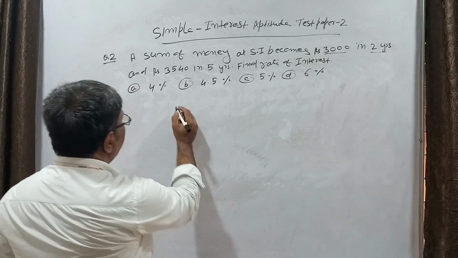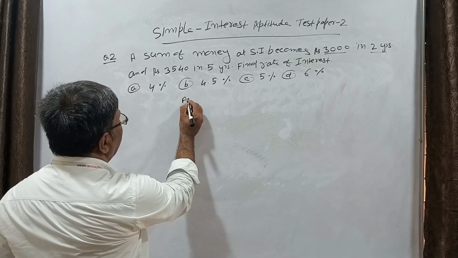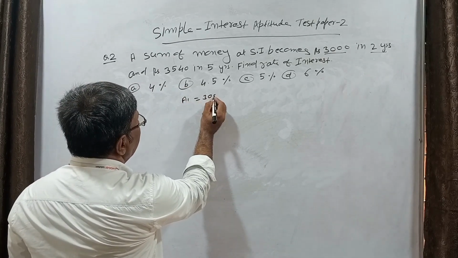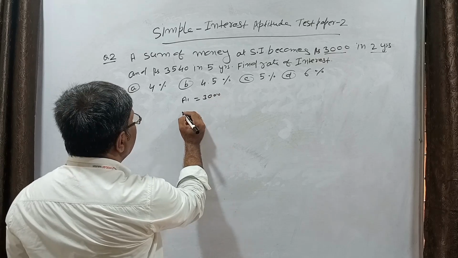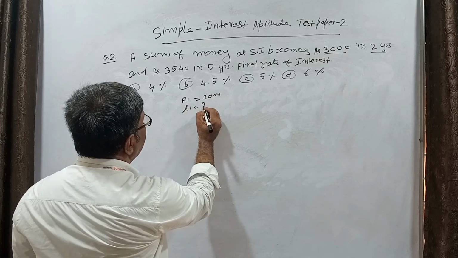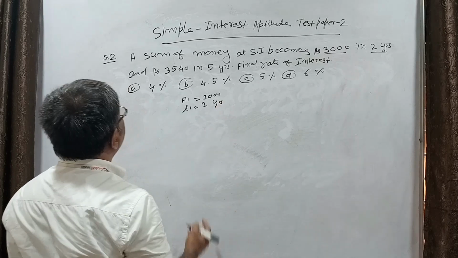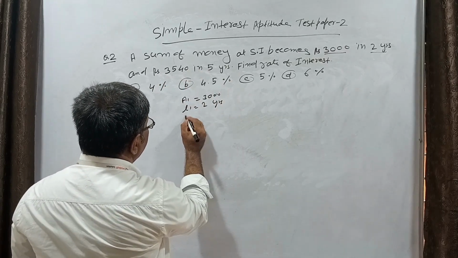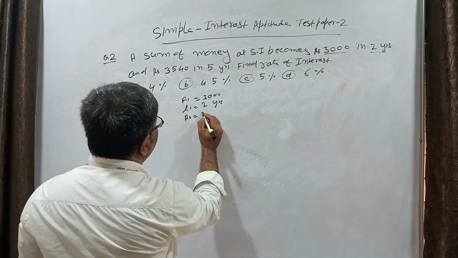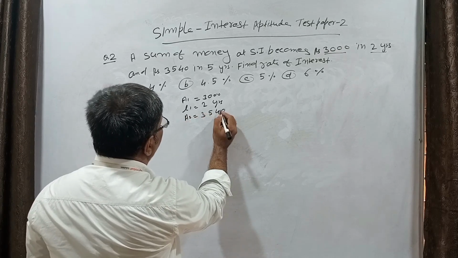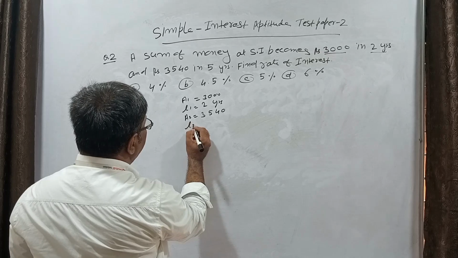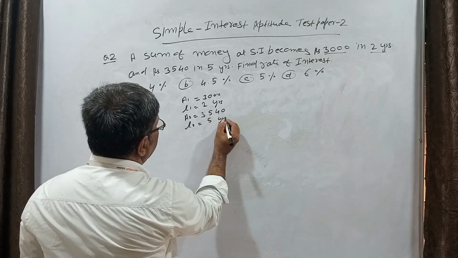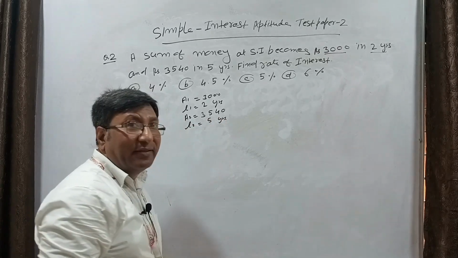So it is given the amount, suppose A1 is given, how much? 3000, and T1 is given, how much? 2 years. In the same way, rupees 3540 in 5 years. So again it is given A2, the second amount, 3540, and time T2 is what? 5 years, right? So find the rate of interest.